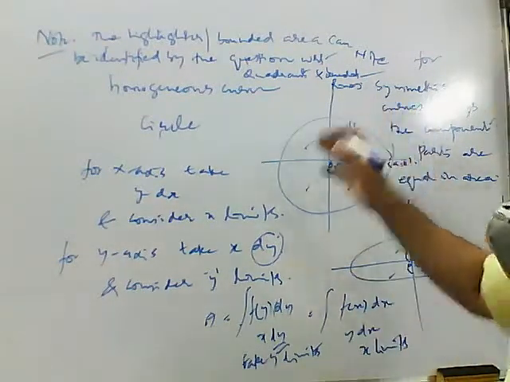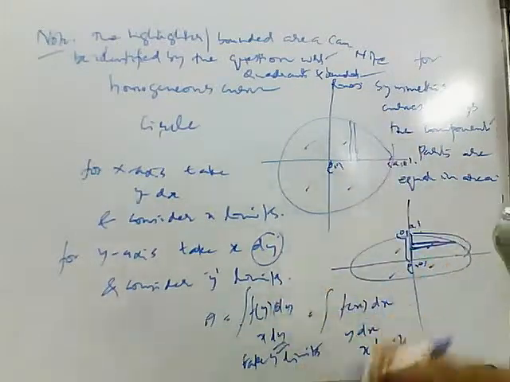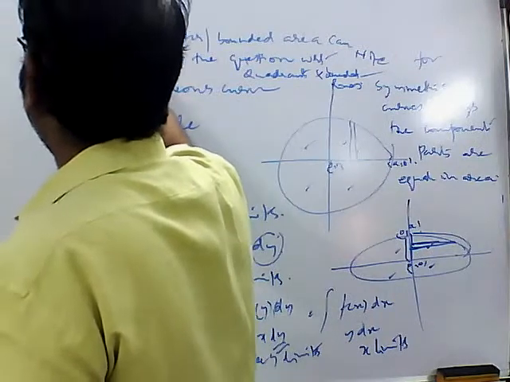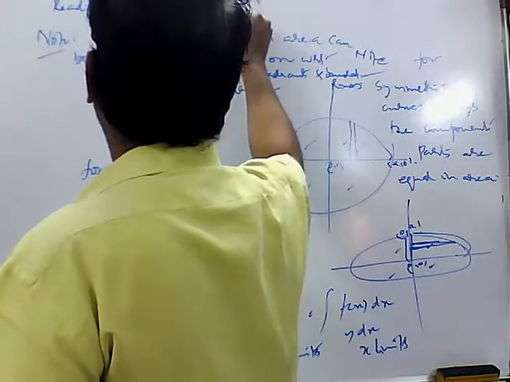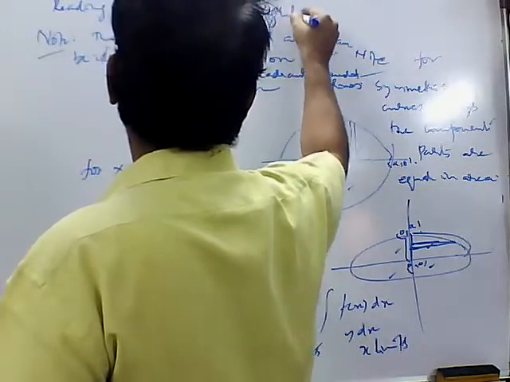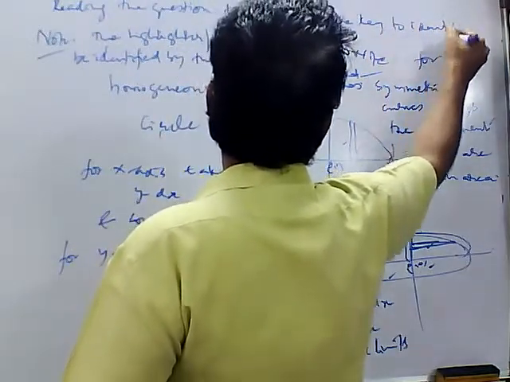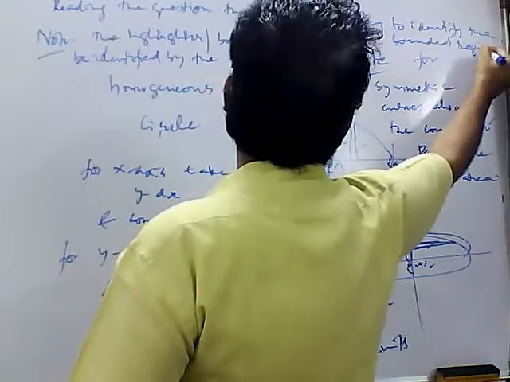And specifically you have to bound the region with respect to the quadrant as well as the axis, positive, below. Then we'll get to know how the problems are specified according to the question. Are you clear? So the question is a clear indicator. Reading the question thoroughly is the key to identify the bounded region.